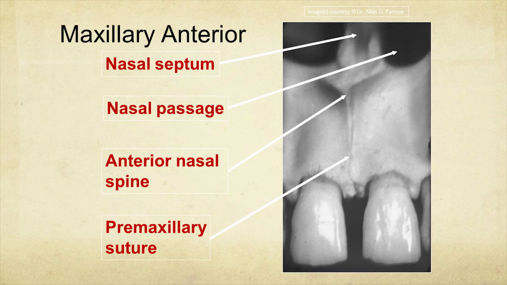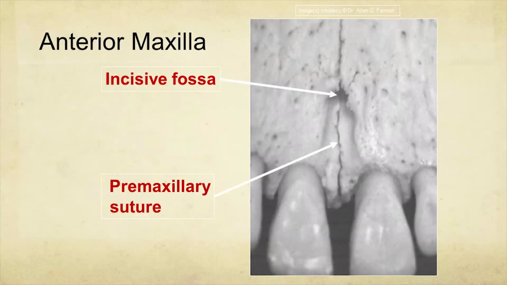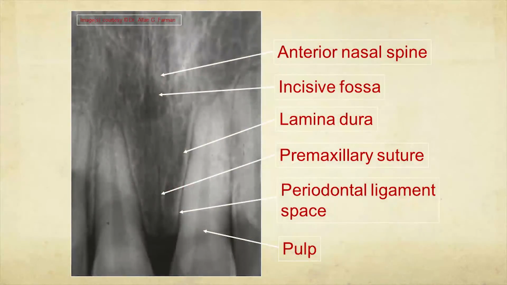Your incisor fossa, again, looks as a radiolucency. And if you look at, again, the lamina dura in each of these cases, they are all very intact, suggestive that it's just the overlap of your anatomic features. Because one thing I would like to emphasize is that all these radiographs are two-dimensional images.